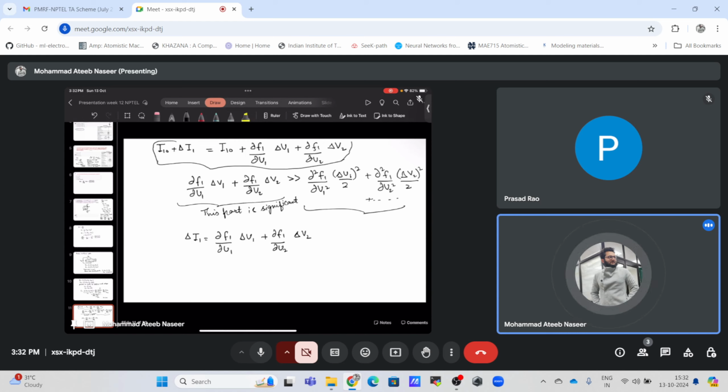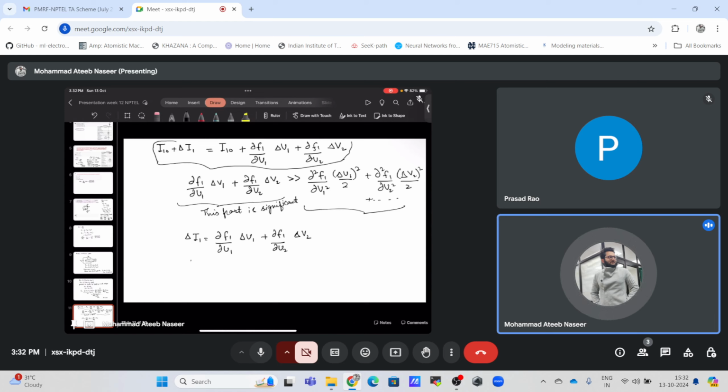df1 by dv1 times delta v1 plus df1 by dv2 times delta v2. So we have to get the signal only at the frequency that we gave to the input signal. The input signal frequency should match the output signal frequency. So as a result, we should have only the linear terms.